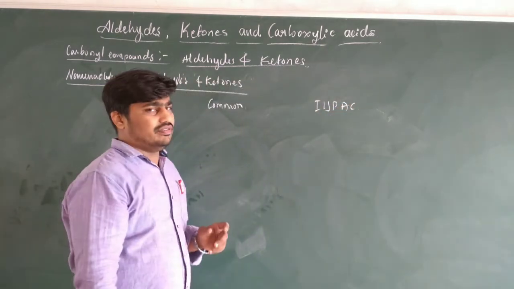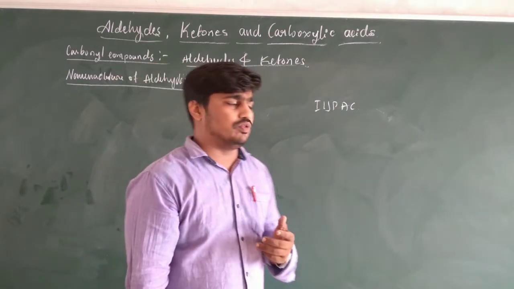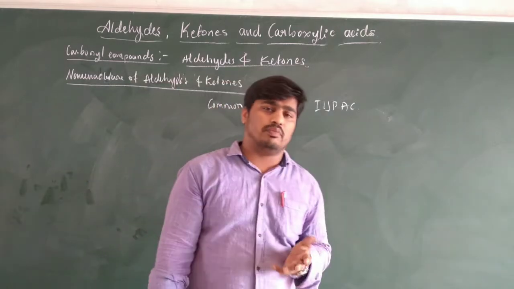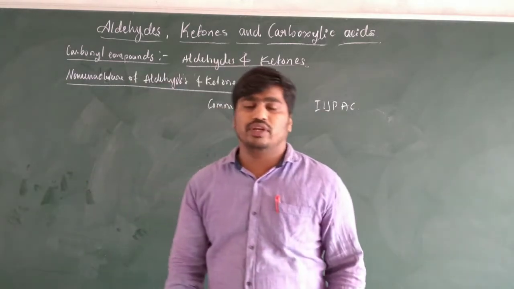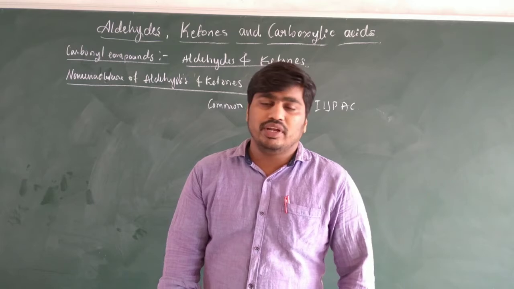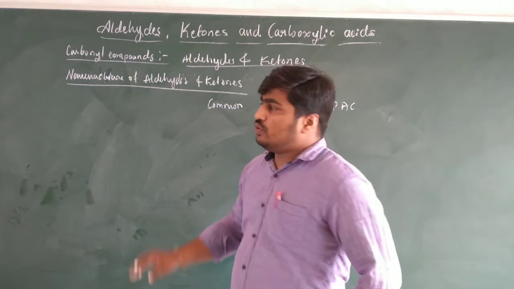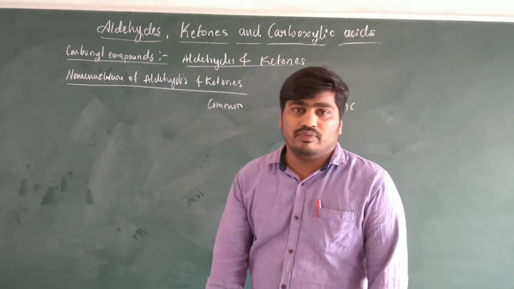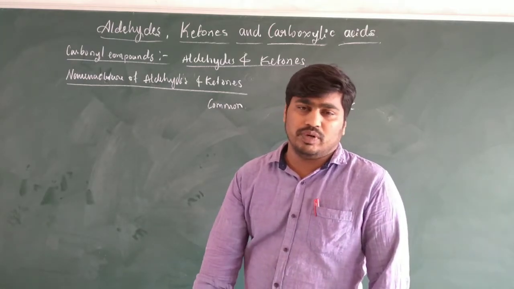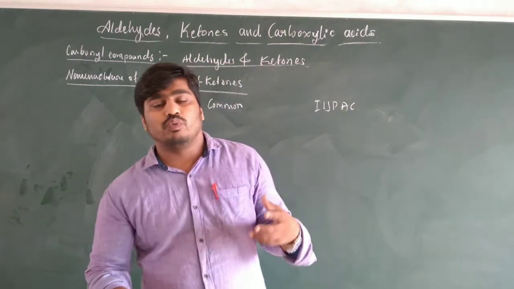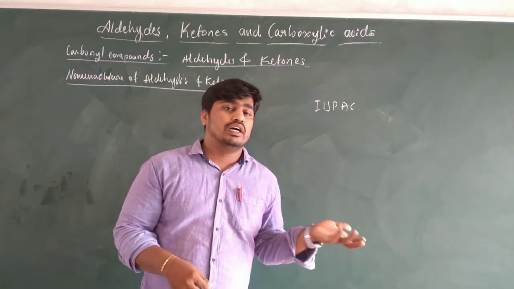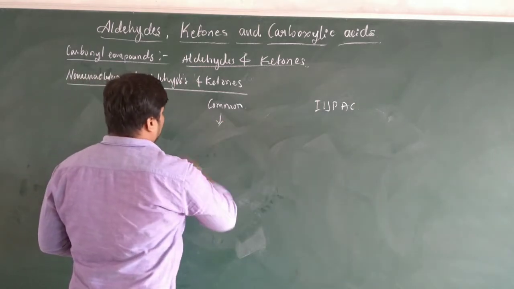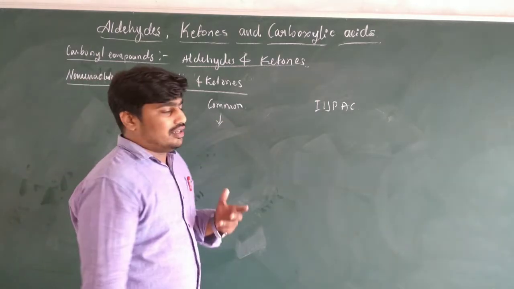In the naming of carbonyl compounds, during nomenclature through the common naming system, we use different types of prefixes. Prefix means the word which is used before the root word. There are different types of prefixes.